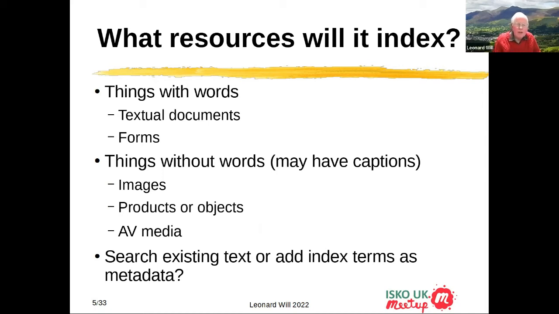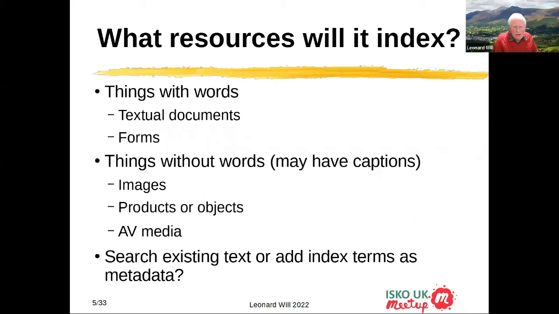Some things have got words in them themselves, and words, as we've seen in previous talks in this series, can be used by computers to retrieve information without human intervention, without metadata or cataloging or indexing terms being applied. Textual documents and forms apply to those, but with images and products or objects, then you may have to supply descriptions of what they are so they can be found.